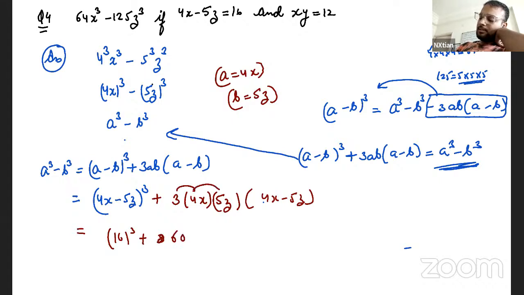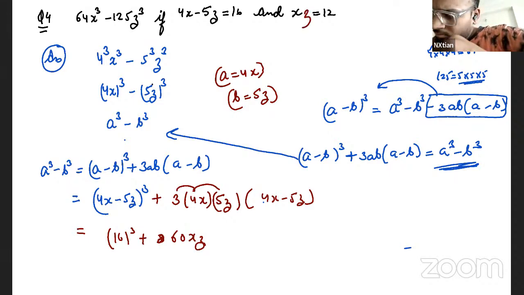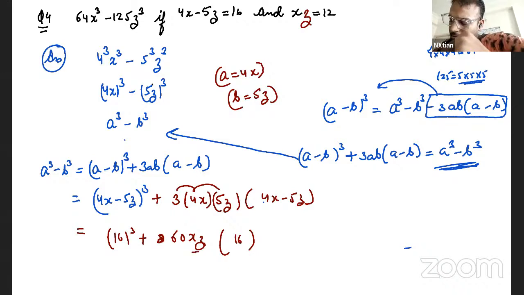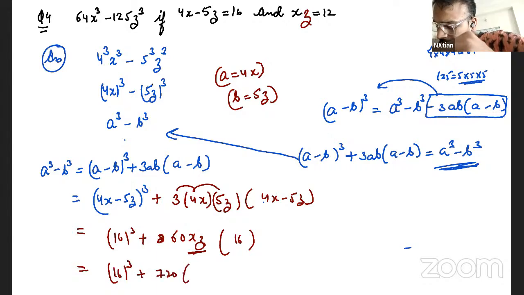So it becomes 60xz. xz is given, no? And then it will become again 16. The value of xz is 12. So 16 cube plus 12 6s are 720 into 60. Then you have to add it. You will get the answer.